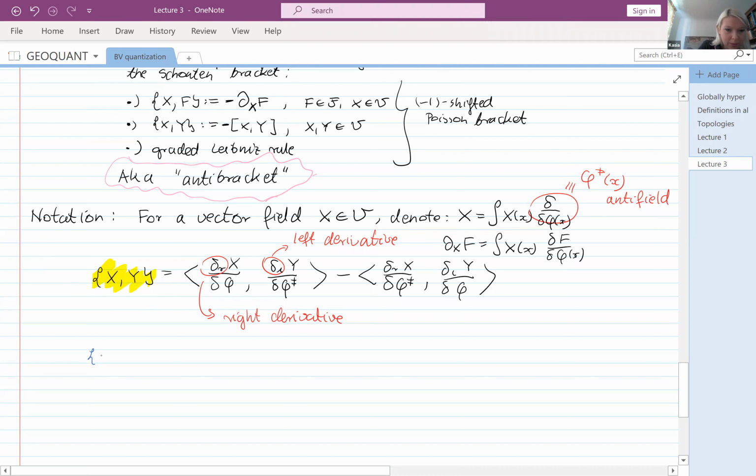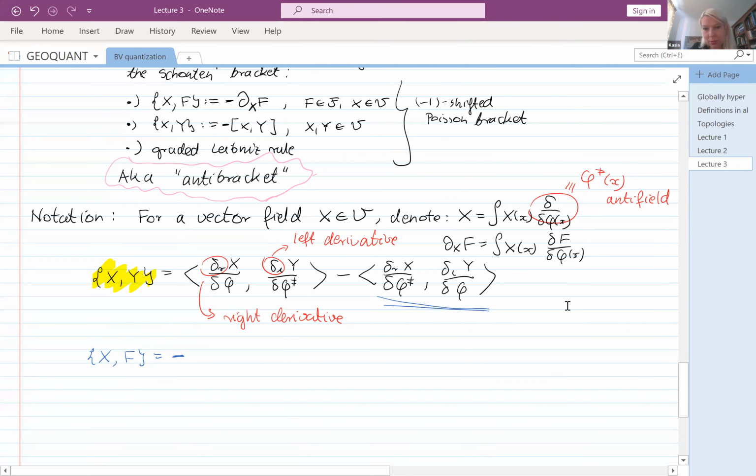So let's see, if I have a vector field X and a function, then from the first term I have nothing because the second argument is a function, so it doesn't depend on antifields. It lives downstairs, it doesn't have anything on the fiber. So I only have the second term, so this is then minus.